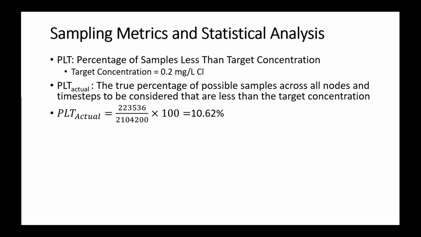On top is any value that was below 0.2 milligrams per liter across that. What we get from this is a value of approximately 10.6%, meaning that 10.6% of locations across a given week-long period in this network are going to have a free chlorine concentration less than 0.2 milligrams per liter.